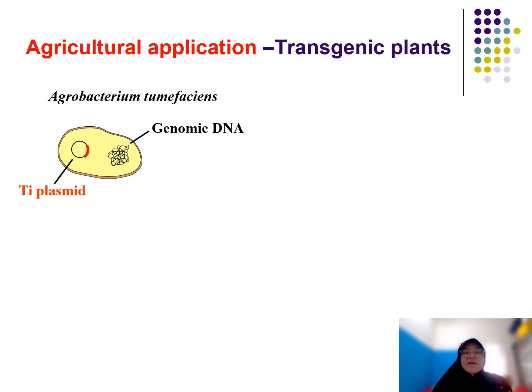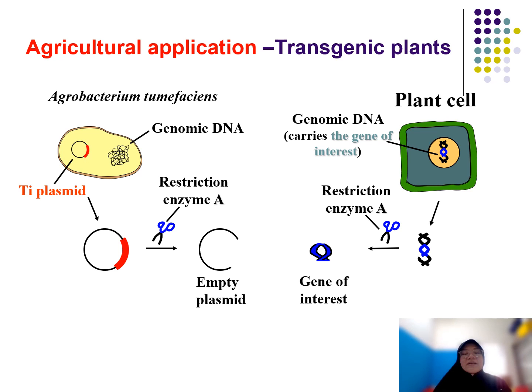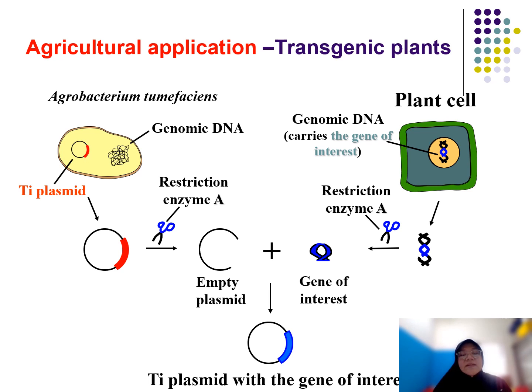Other than transgenic animals, we also have transgenic plants. So this is Agrobacterium tumefaciens, where the DNA from the plasmid of the bacteria will bind with the gene of interest, producing recombinant DNA.